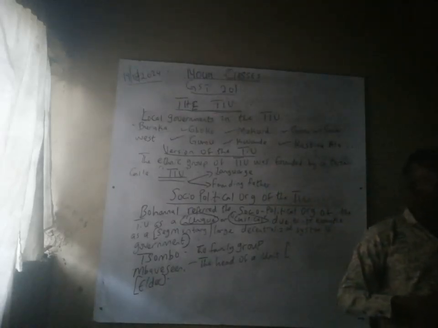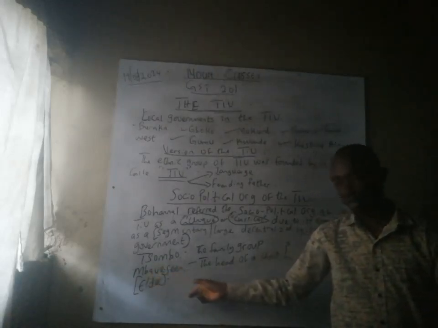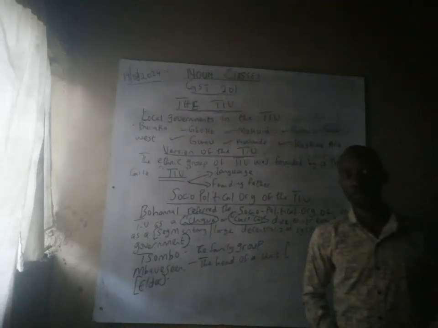Now note that each family group was divided into smaller units. This family group was divided into 4 smaller units, which emphasizes the spirit of mutual relationship and brotherhood, where the Mbatsav was the elder of the unit.